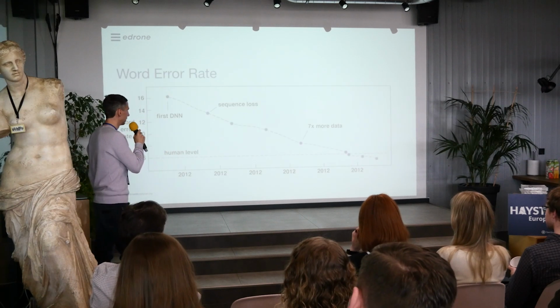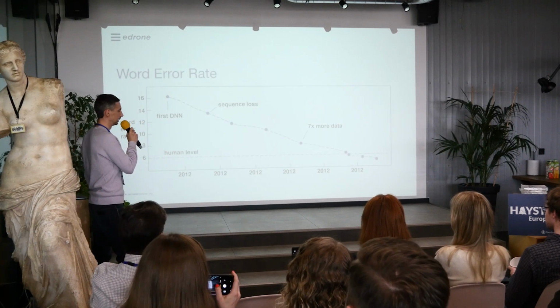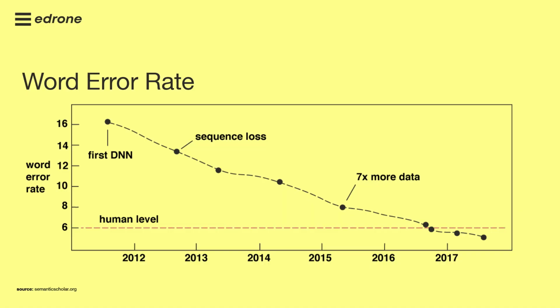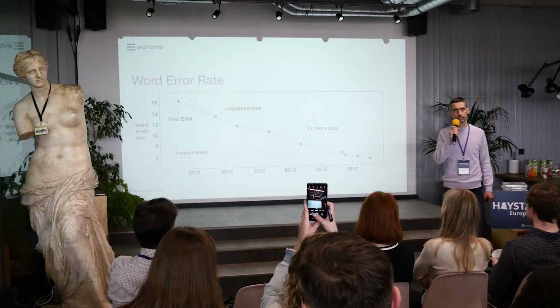So, speaking of ASRs, this is a poster child for neural networks in terms of success. This was one of the main things where you could really see the difference as soon as deep neural networks were introduced. So what you've got here is the word error rate.